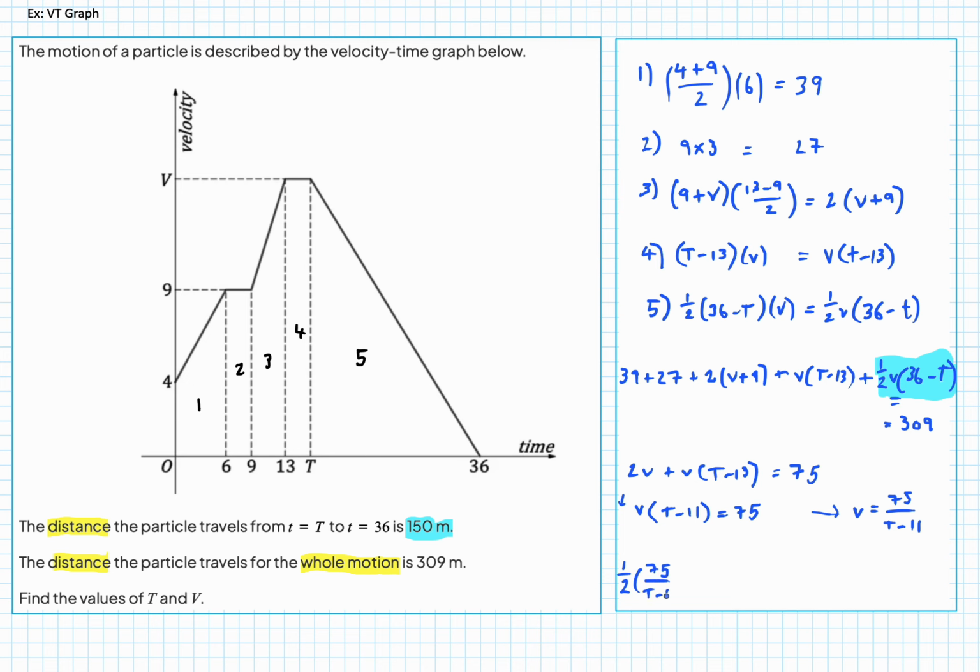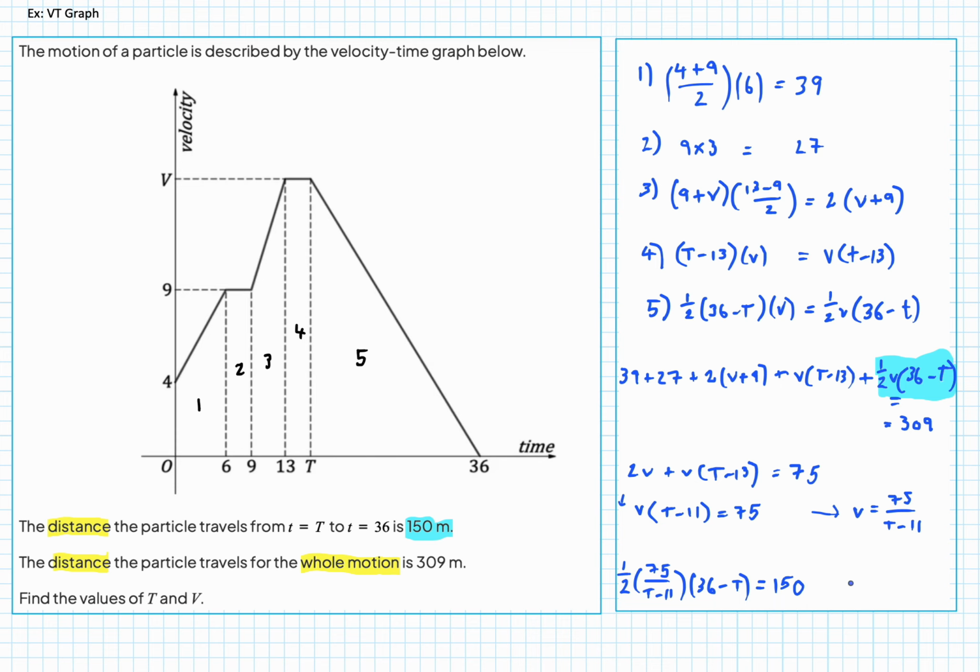And again, it looks a little bit difficult, but you need to practice your algebra. It's mostly algebra from now on. And there, you should get t is equal to a nice whole number of 16 seconds.